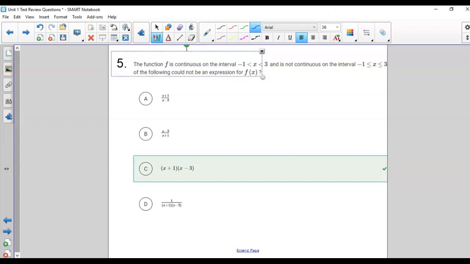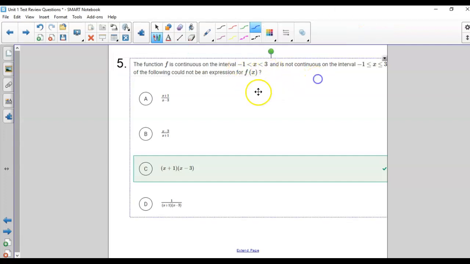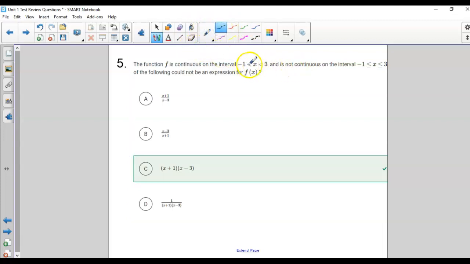So this tells us here that the discontinuities for this have to be either at negative 1 or at 3. So whenever we look at our answer choices, I look at A, and this has a discontinuity at x equals 3. So it's a possibility that it could meet these criteria. It could be continuous from negative 1 to 3, but it's not continuous here because of the 3.